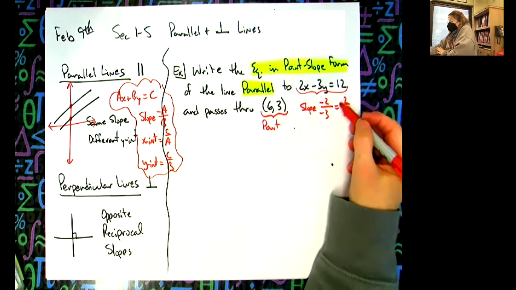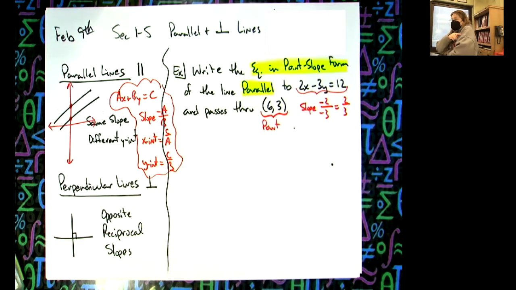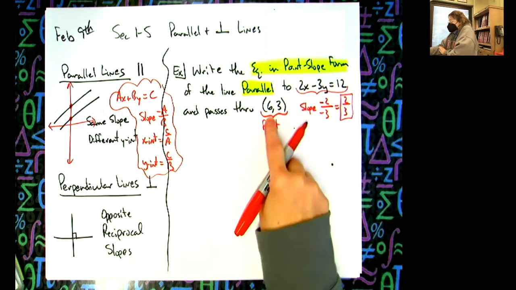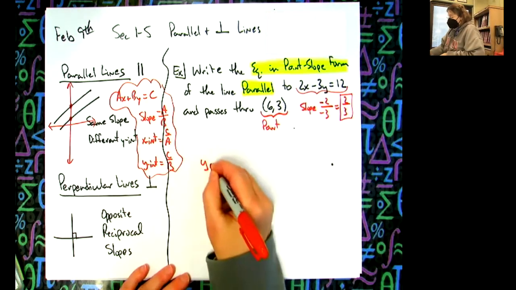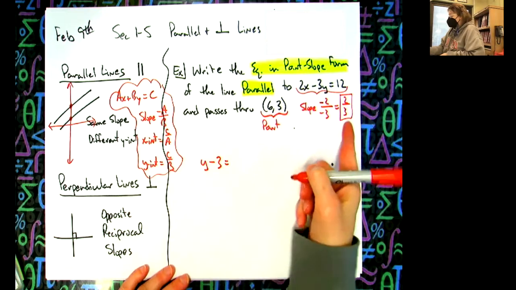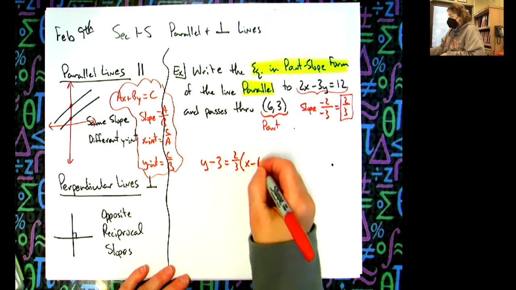Now, if I'm parallel, do I want to use this slope or a different slope? Same slope, right? So here's the slope. Here's the point. So point-slope form. So y minus 3 equals same slope, and then x minus 6.